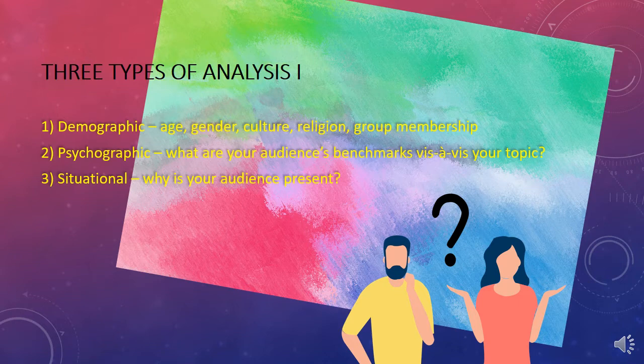Now, I've already mentioned the 3 types of analysis, but I'm putting them again here because we're now going to start unpacking each of them. And also, I wanted to use this metaphor to talk about the degree to which we need to focus on each particular type of analysis when we come to present to an audience.